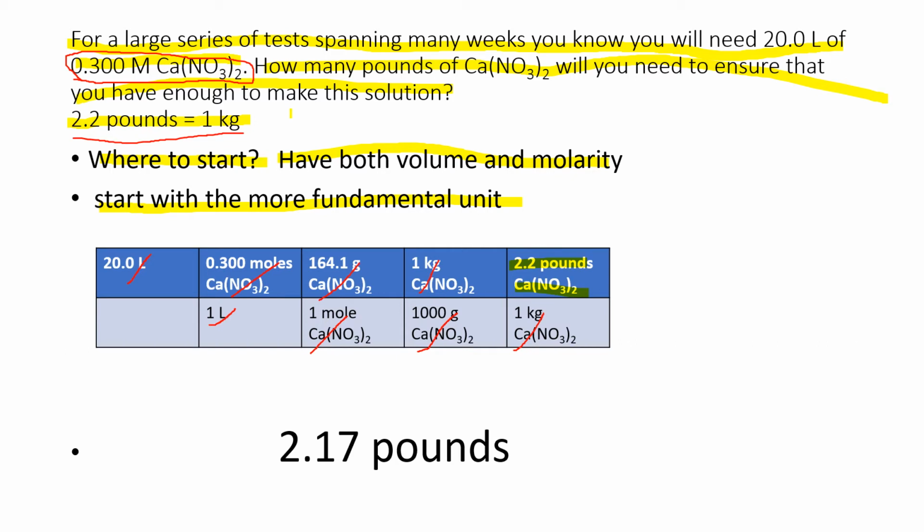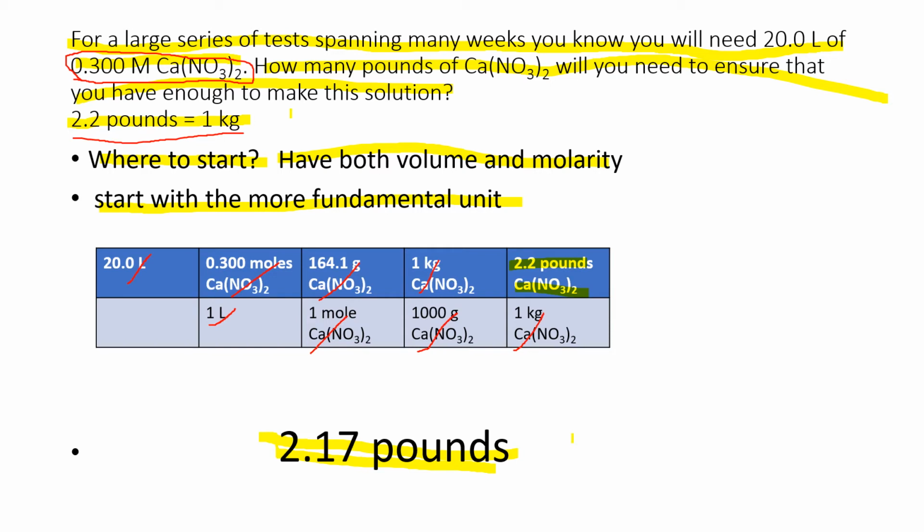So if you go through and do the calculation, multiply across the top 20 times 0.3 times 164 times 2.2, and then divided by 1,000 in the denominator, you're going to get 2.17 pounds that you need in order to make this solution.